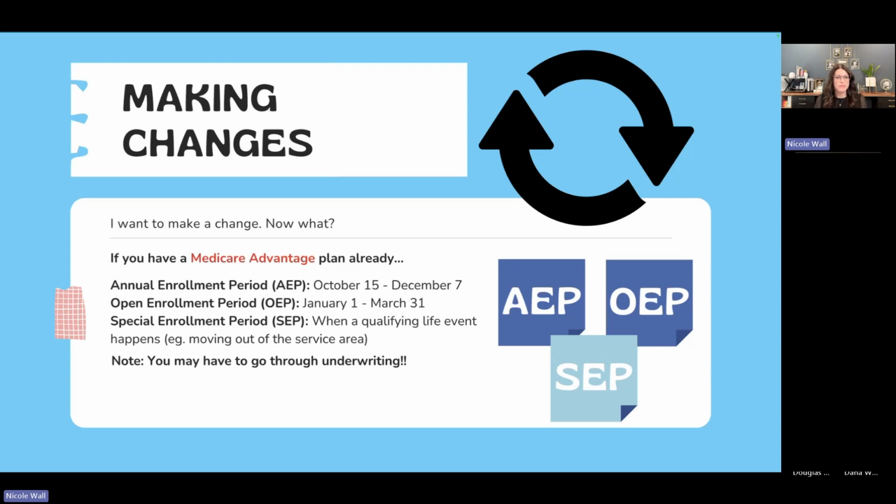But the takeaway there is that it may not be guaranteed that you can get into any supplement that you want to. You have to go through that underwriting process, which is answering health questions on an application.